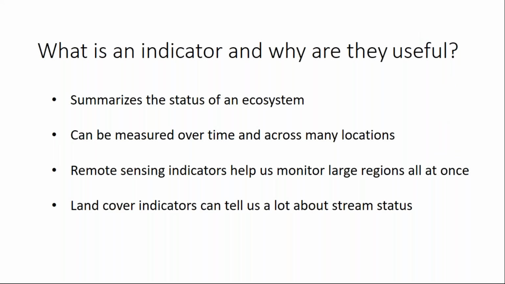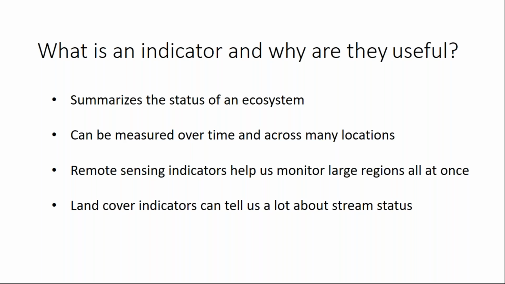And Josephine already did a great job of talking about what indicators are, and that they're useful for quantifying the status of any system, and that you can use them to compare over time and across different locations. And what I'm going to go further into today is remote sensing based indicators that give us information about land cover.